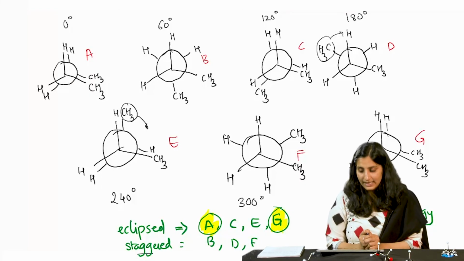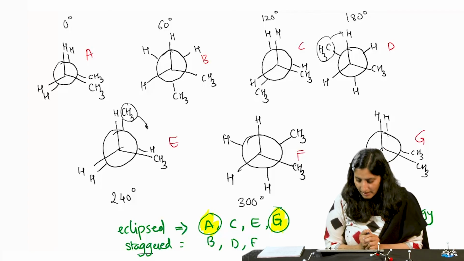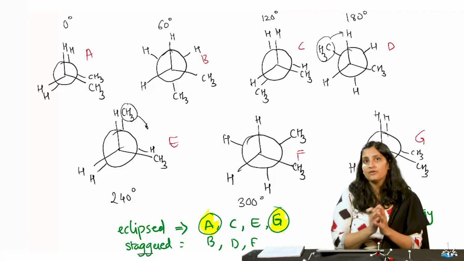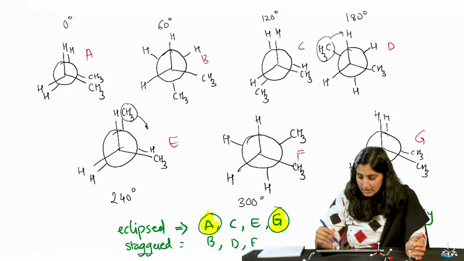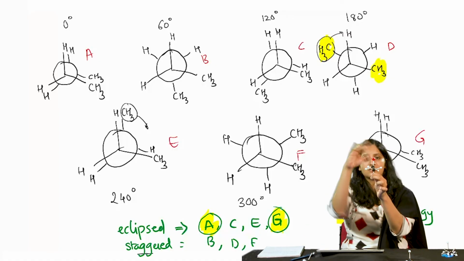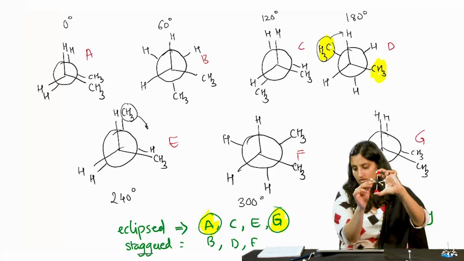We have B, D and F. Now, in B, D and F, if you have a close look, one of them is clearly different from the other two. It is the conformation D, in which you have these two methyls going apart from each other. So, in D, the two methyls are farthest apart from each other.